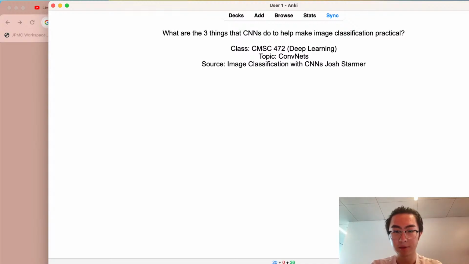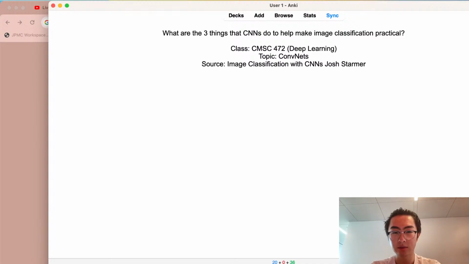Usually with pictures, the pixels that are nearby other pixels will tend to have similar values. I think Josh Starmer gave an example: if you had a picture of a teddy bear, you choose a random pixel on the image. If it's brown, then the pixels right next to it are also likely to be brown too.